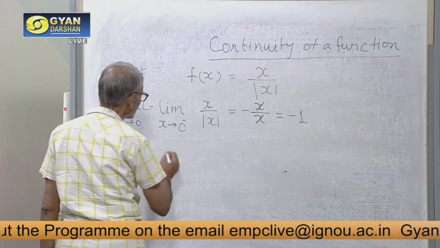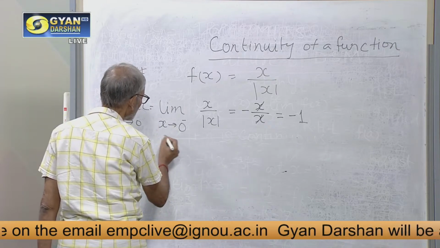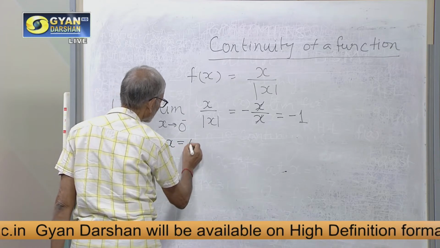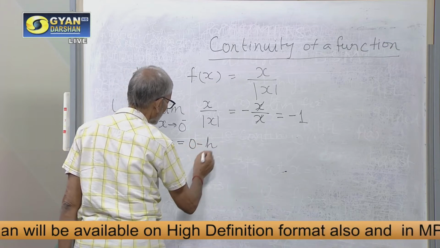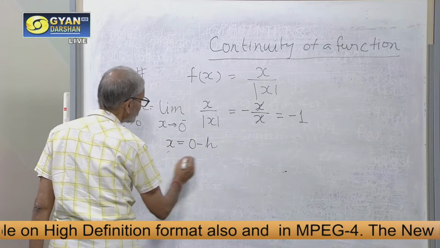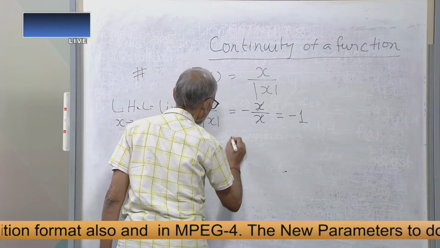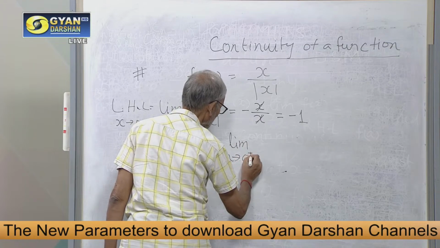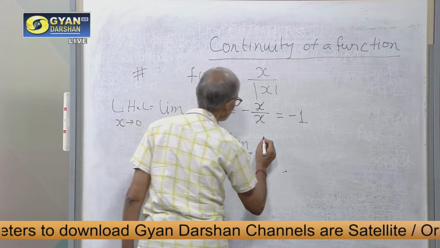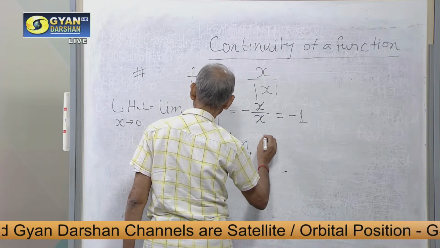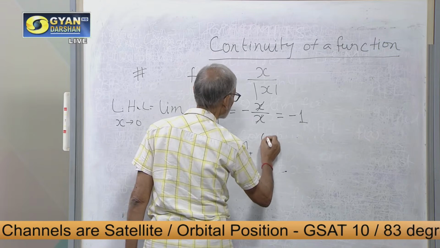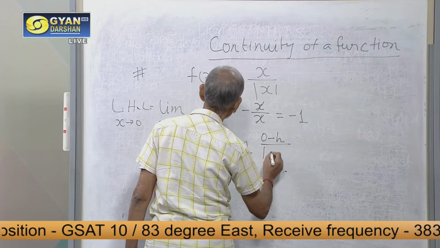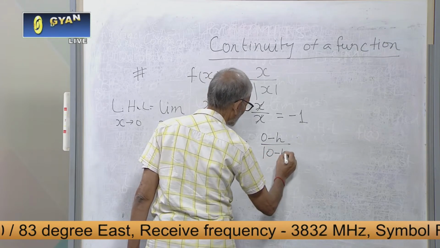If we take it from first principle, let us take x is equal to 0 minus h, where h is a small quantity. So, this limit h tends to 0 plus, because h will be a positive quantity, becomes 0 minus h upon mod of 0 minus h.